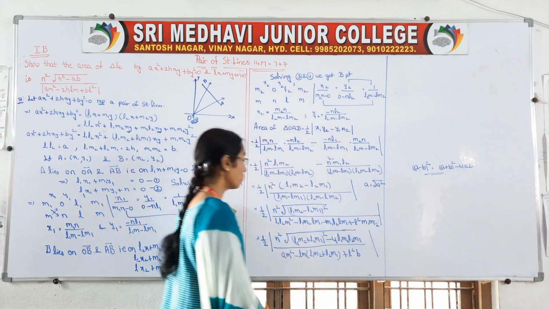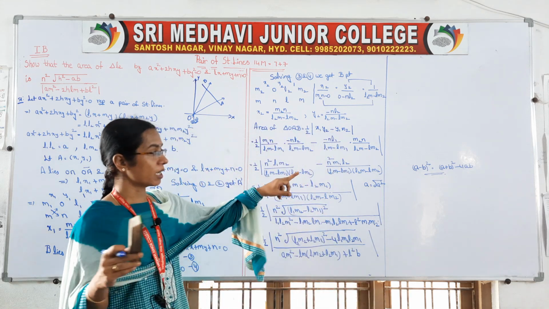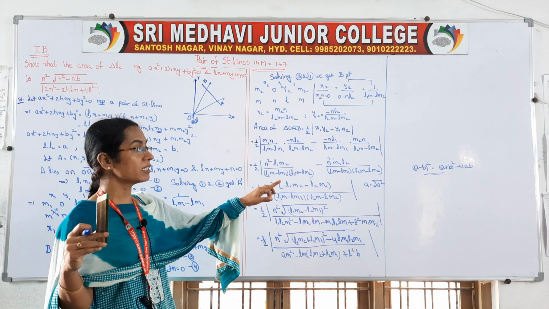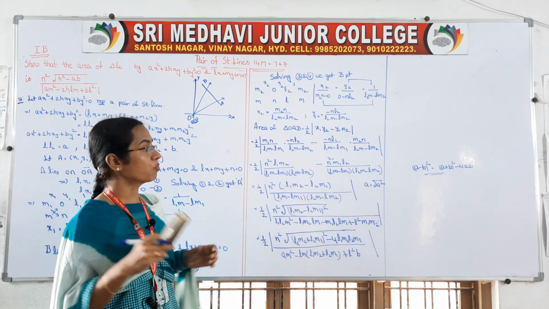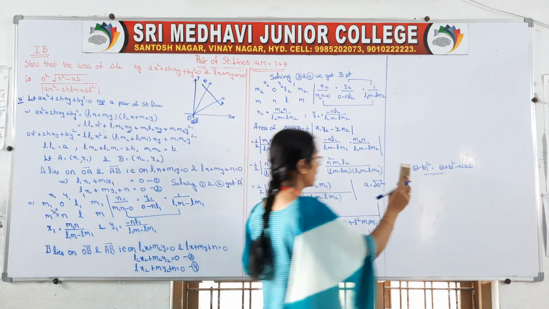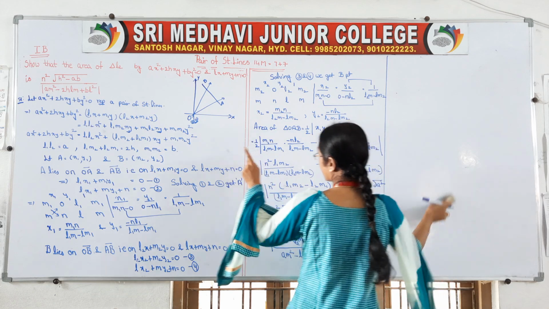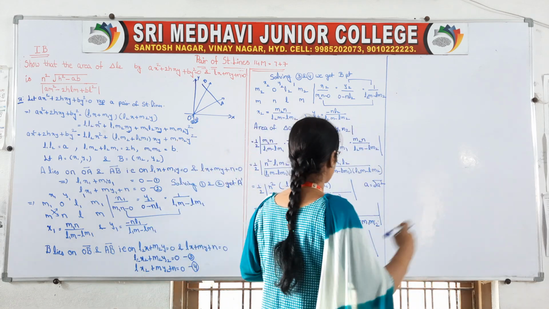Okay, so which formula upwards we applied? A minus b whole square can be taken as a plus b whole square minus 4ab form. So why we have taken like that? To get into our answer.